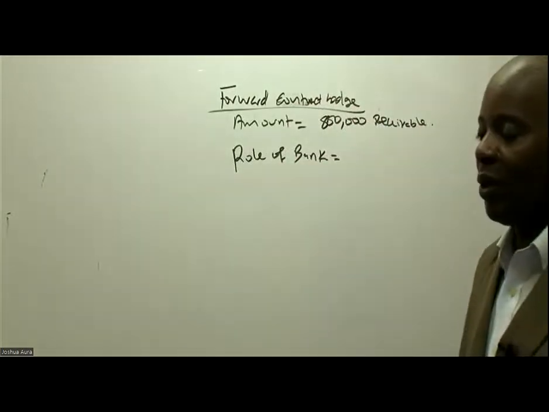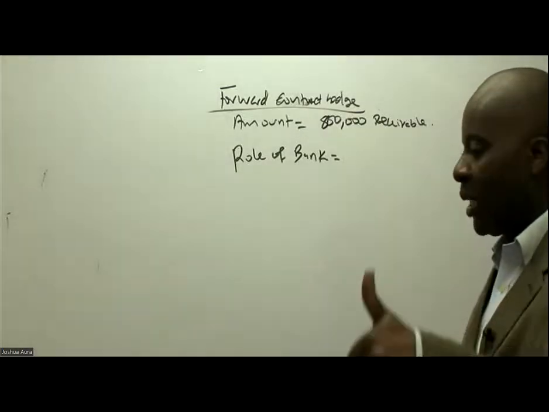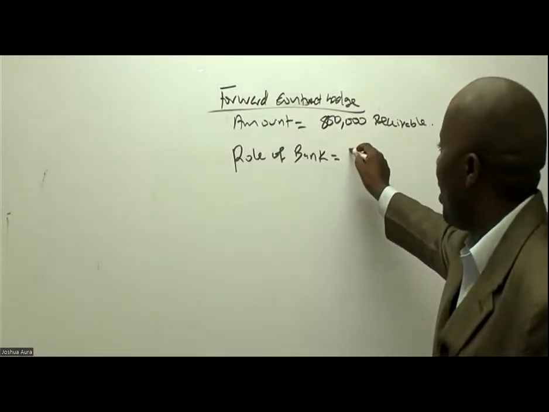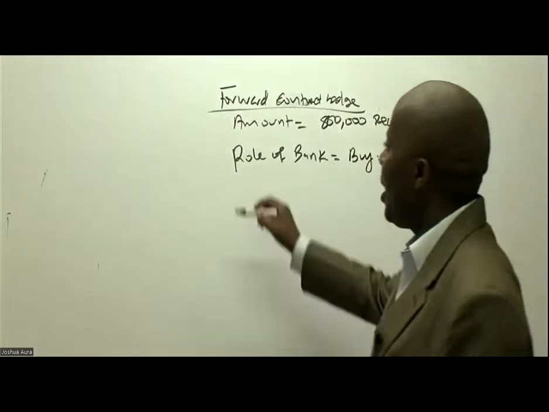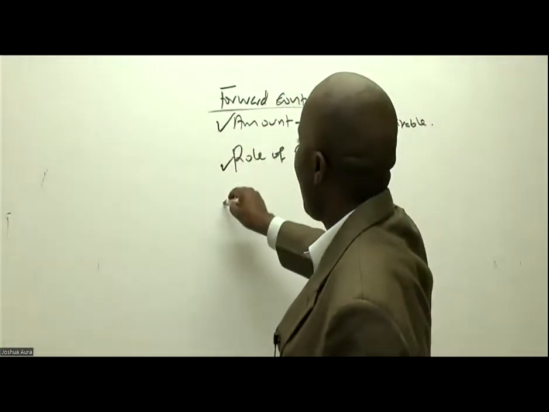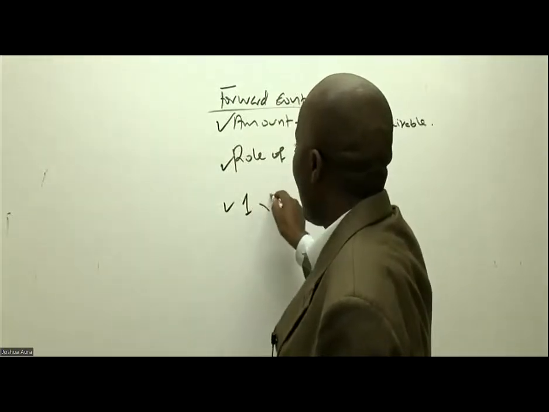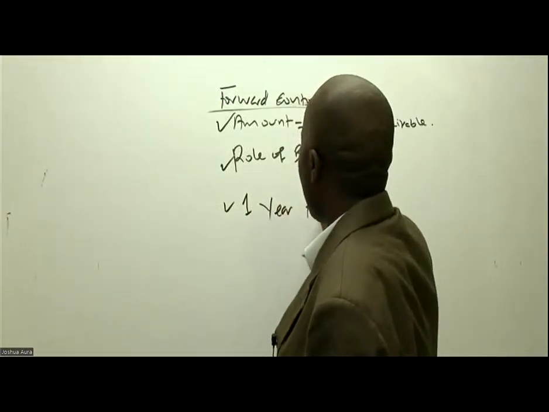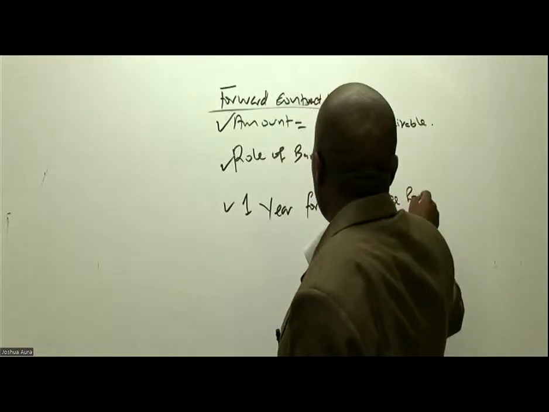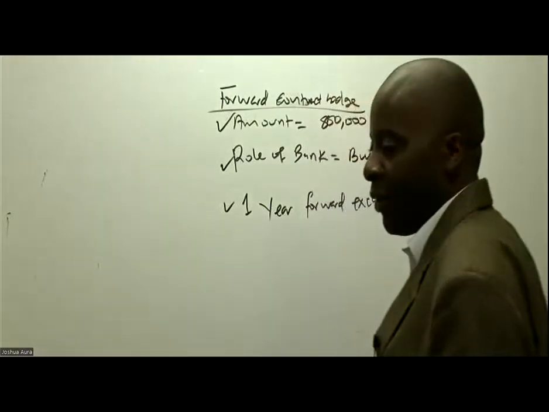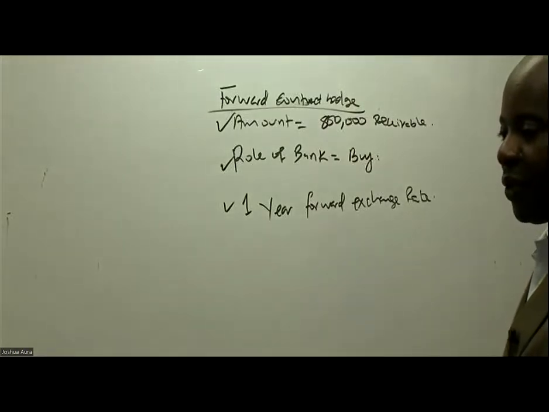If it's a receivable, the banks will buy. Then give me 1 year, because this amount will be received in 1 year's time. 1 year forward exchange rate is given in the question.